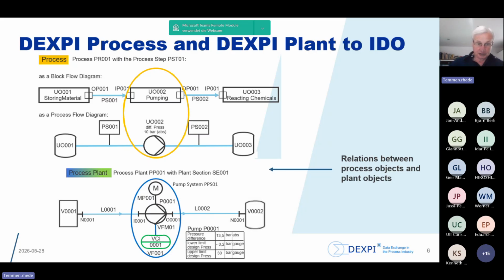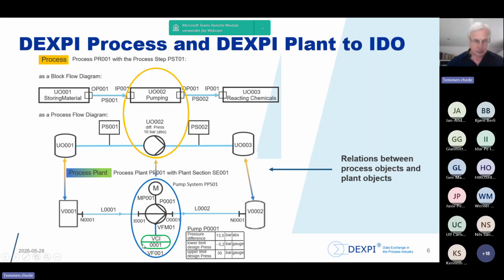And of course, we need the relations between the process part and the process plant part. That will be between the unit operation and the specified equipment: from the pumping unit operation to the pump system, from the storing unit operation to a vessel, and from the reacting chemical unit operation to a vessel as well.